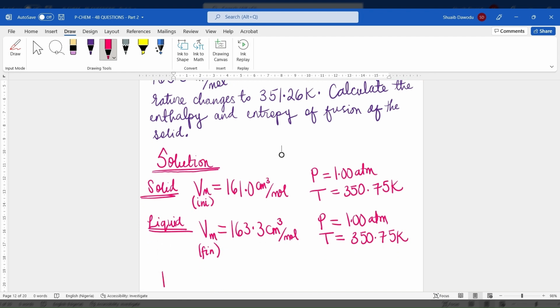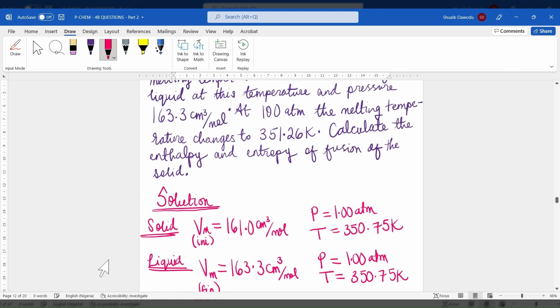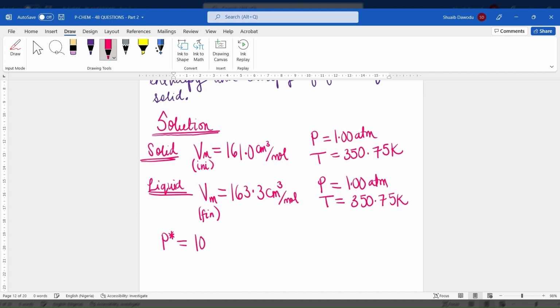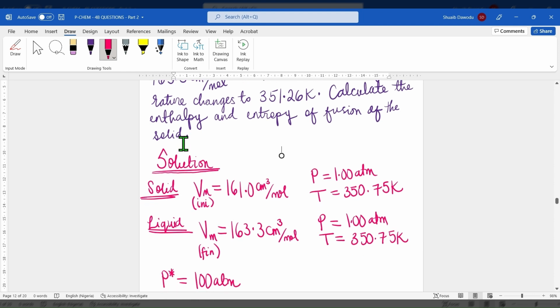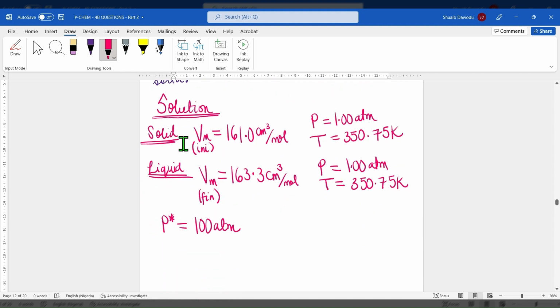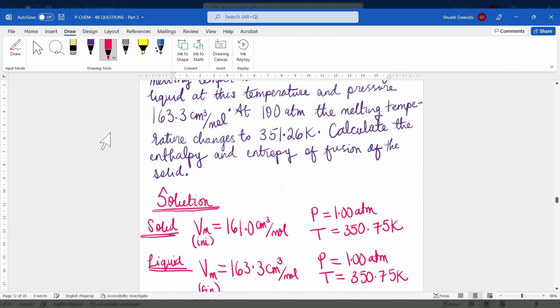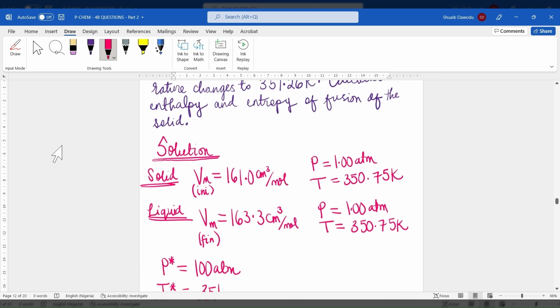We're going to call P star the new pressure, which is 100 atmosphere, and T star the new temperature, which is 351.26 Kelvin.